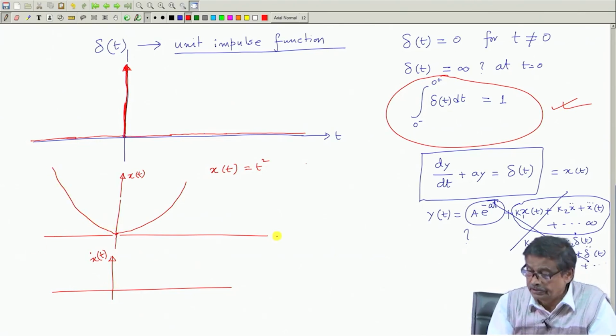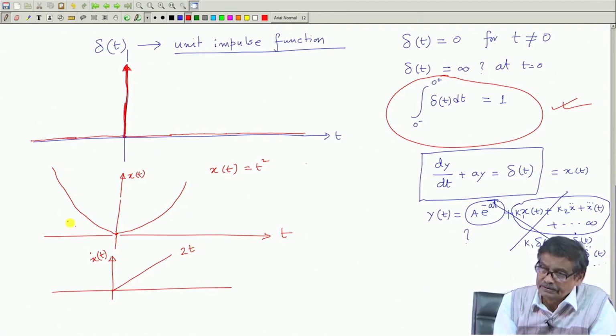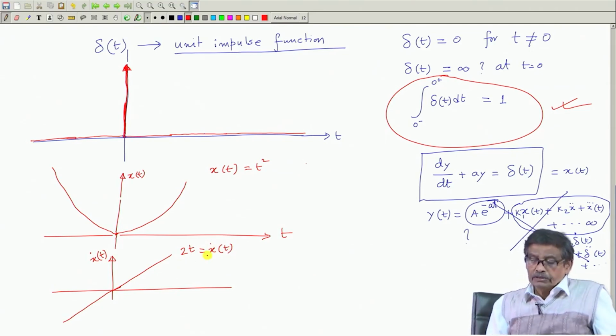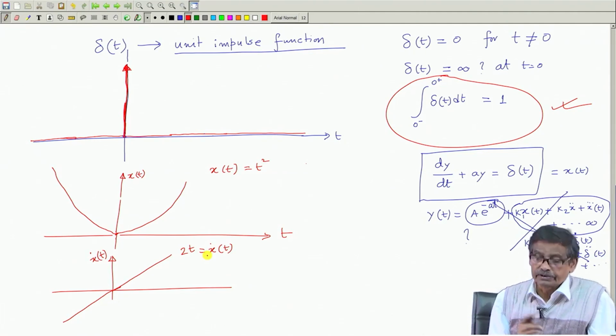From minus infinity to plus infinity on the time axis, this is x t equal to t square, parabolic, and if you differentiate it, it will become 2 t like this. On the negative side the slope will also be negative. So, this is 2 t which is equal to x dot t, got the point? So, for any function given, we can find x dot t.